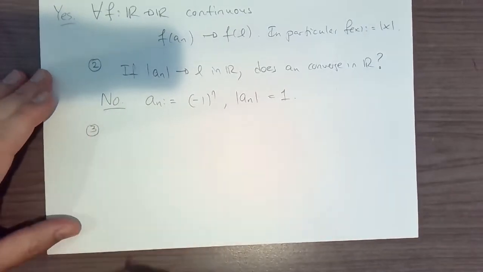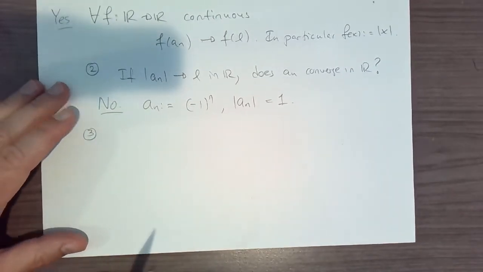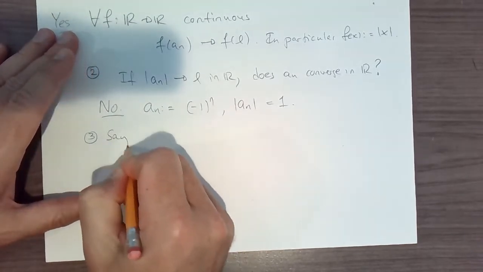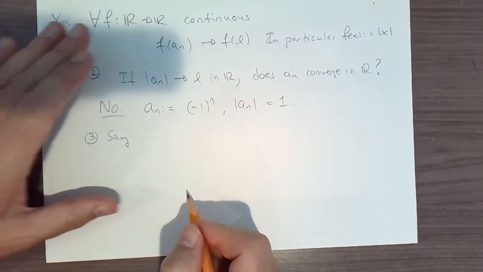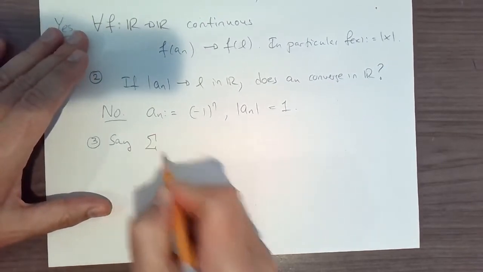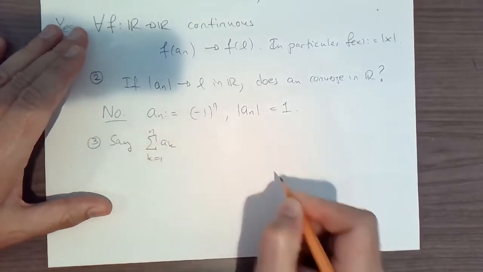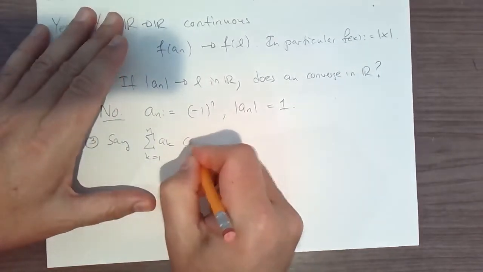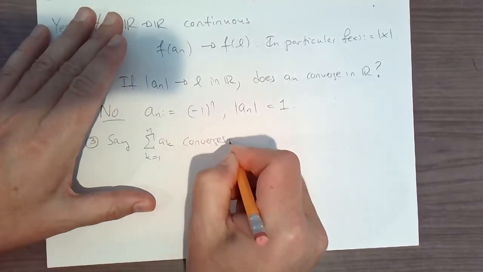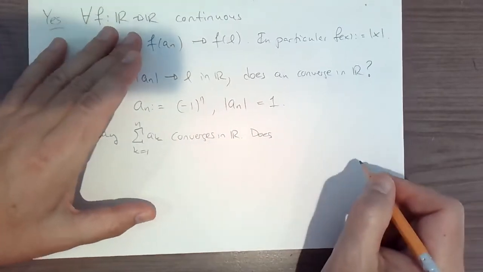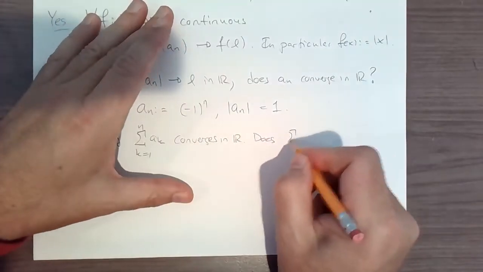The third one is about, now we move into series. So say that the series converges, so that this thing here converges in R. Does the series converge when I take the absolute value?